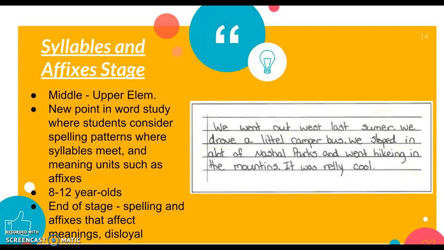The principle of doubling the consonant to keep the vowel short is used in little for little, but is lacking in his spelling of summer as sumer. Final syllables often give students difficulty because the vowel sound is not clear and may be spelled different ways, as shown in Xavier's spelling of little, littel, for little, and mountains for mountain.